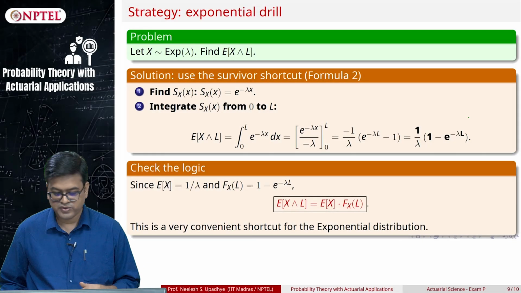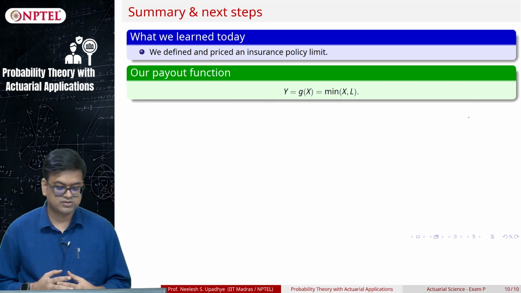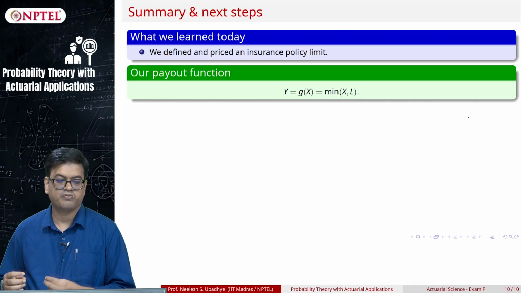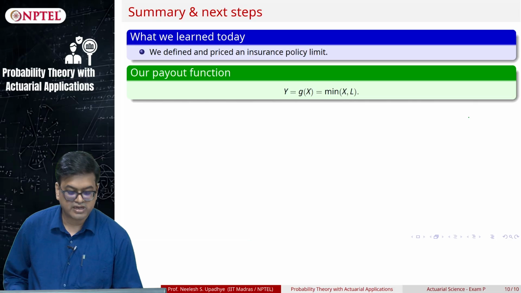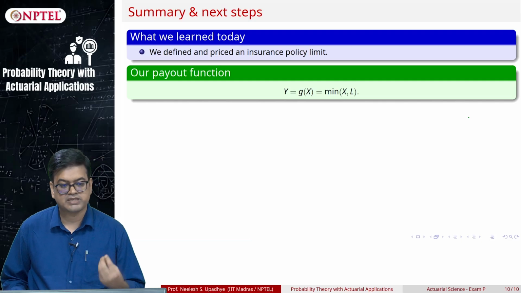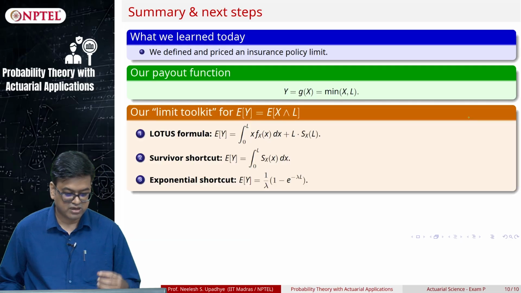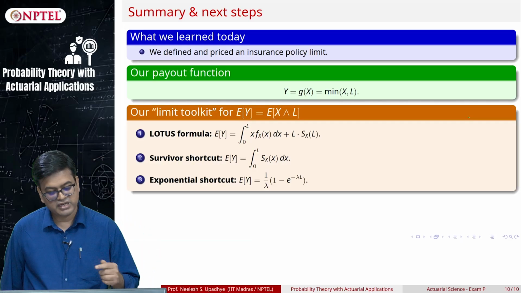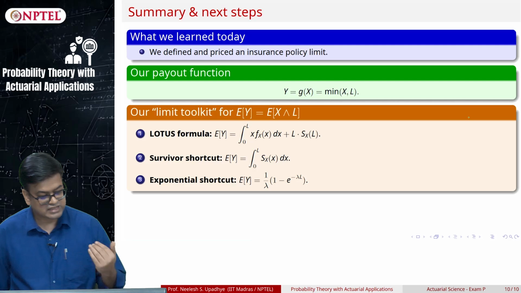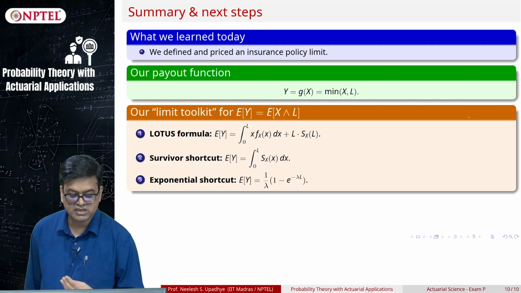So, what we have done so far, let us summarize. We have defined the second feature, which is the insurance policy limit, and therefore our payout was defined as the minimum of X and L. To calculate the premium for such a policy, we deployed our expected value formula, or LOTUS, and from that we got formula number 1: integral 0 to L of x fx dx plus L times Sx of L. Okay. The second formula was the survivor shortcut, which is integral 0 to L of Sx of x dx.